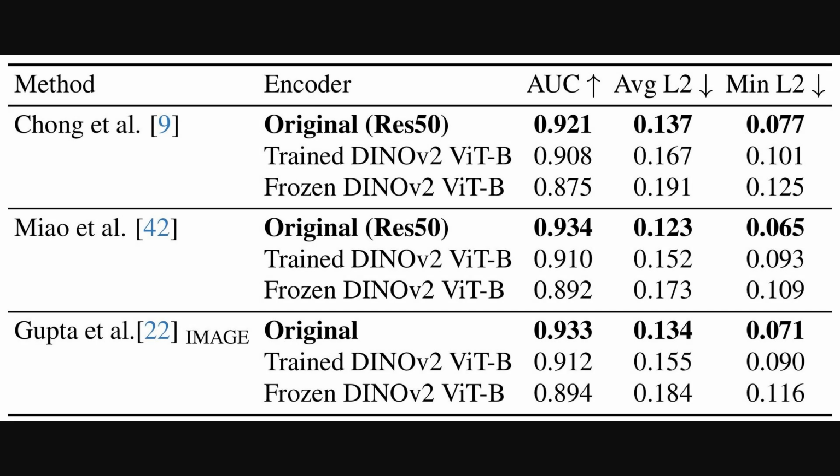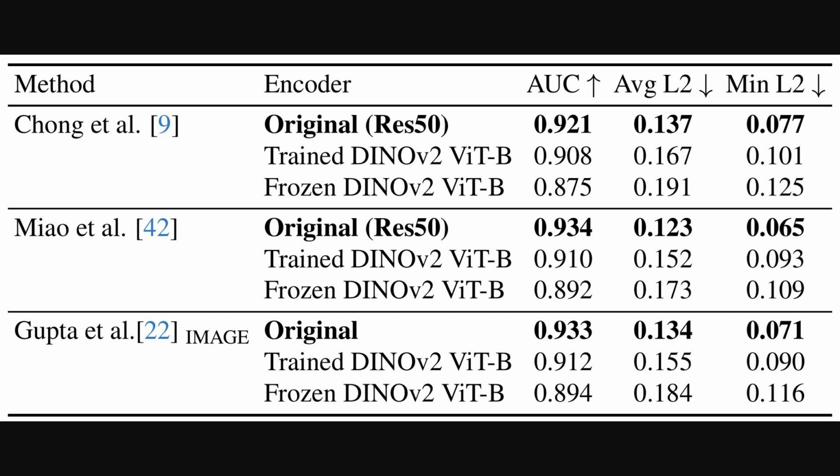So this table really drives home why that new Gaze-LLE architecture was so important. The researchers took several existing models and tried replacing their original scene encoders with the powerful DINOv2 encoder. They measured performance using AUC, which stands for Area Under the Curve, a score where higher is better, and L2 distance, which measures error, so lower is better.